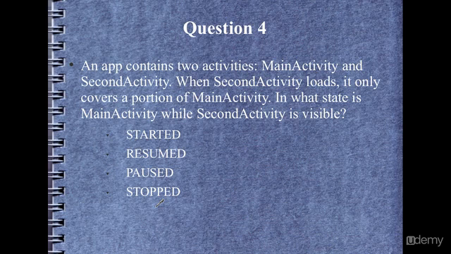When second activity loads, it only covers a portion of main activity. In other words, physically, it only covers a portion of the screen, and main activity is still partially visible in the background. In what state will main activity be in while second activity is visible? Will it be started, resumed, paused, or stopped?